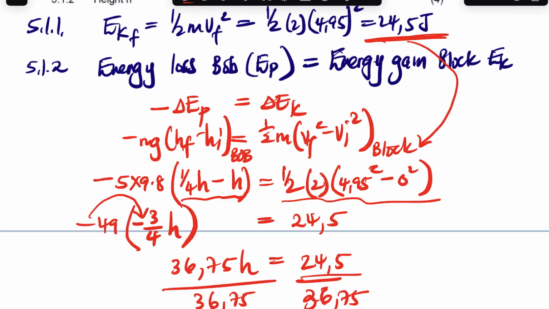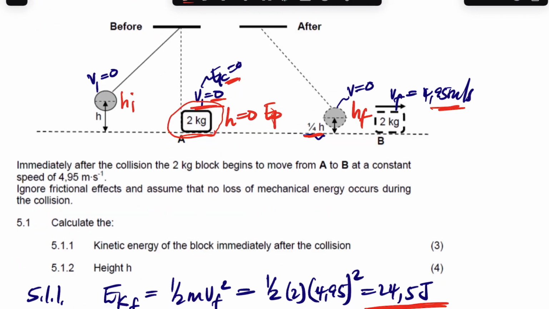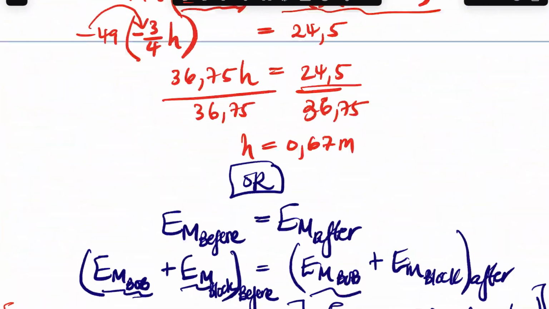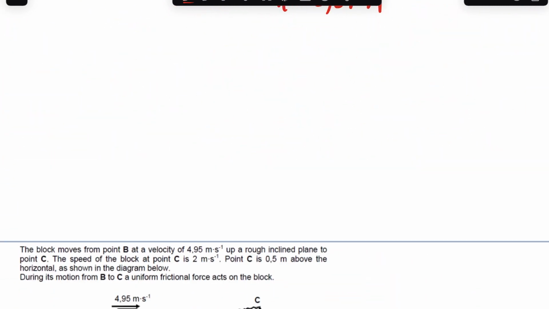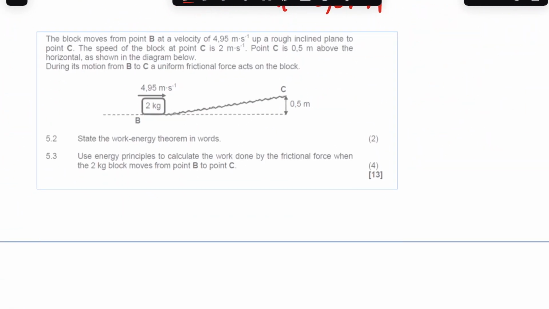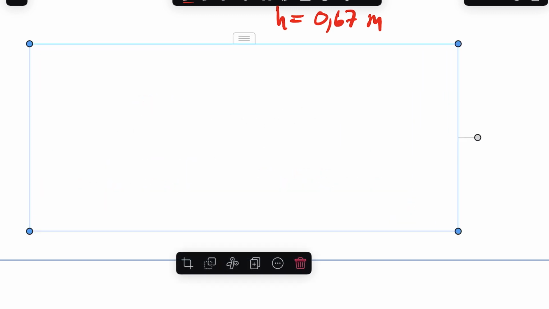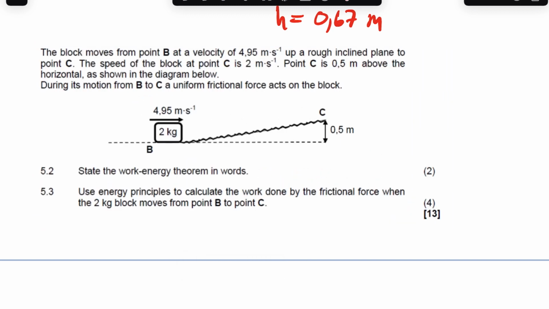Okay guys, I hope this is making perfect sense. And the other part of the question, which is 5.2, let me just move it here. It says, now the block moves from point B at a velocity of 4.95 up a rough incline to point C. When they say rough, that means there's what? Friction now.